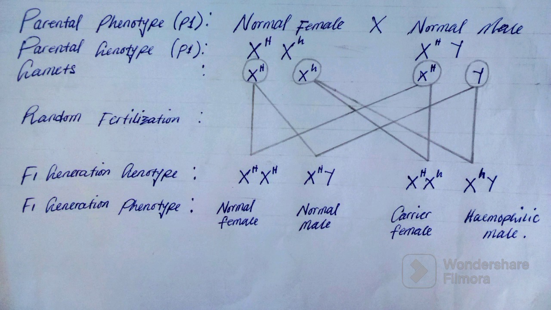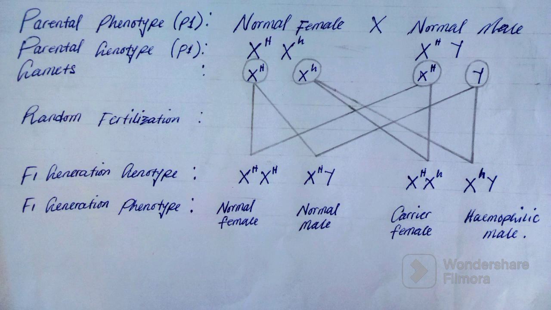Then you pick the results you have obtained. Now we describe them on F1 generation phenotype. We've got the normal female, the normal male, carrier female, and hemophilic male. Now let us answer these questions.